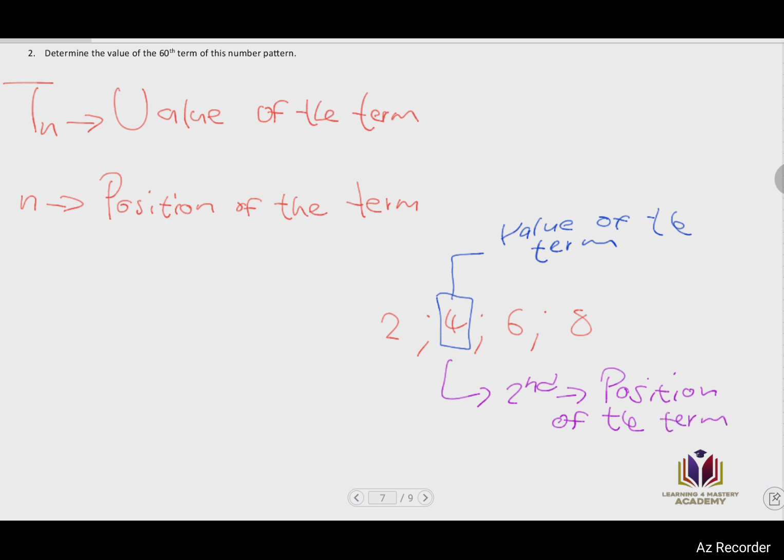So when they say determine the value of the 60th term of this number pattern, it means that they've given you the position. 60th, first, 4th, 10th, all those suggest that you are given the n, the position. You are looking for the value of the term.